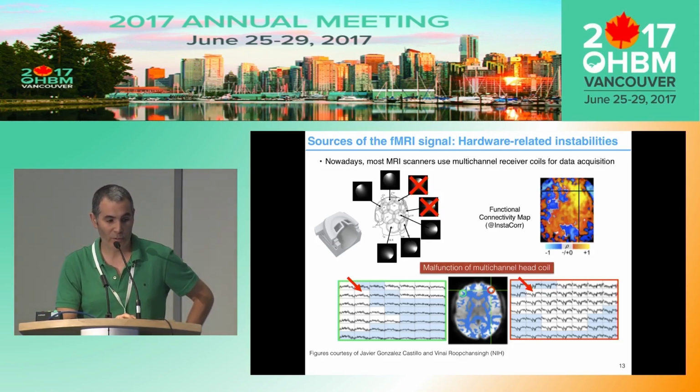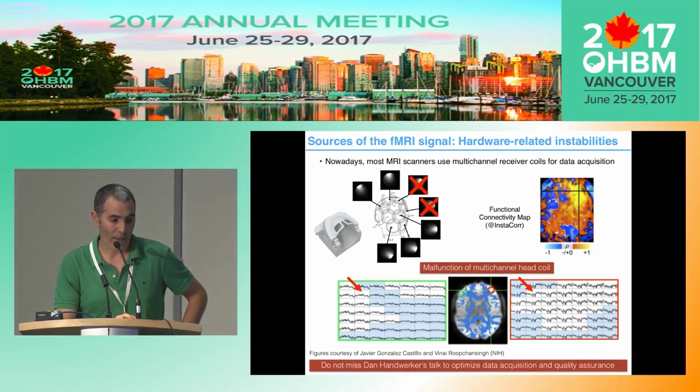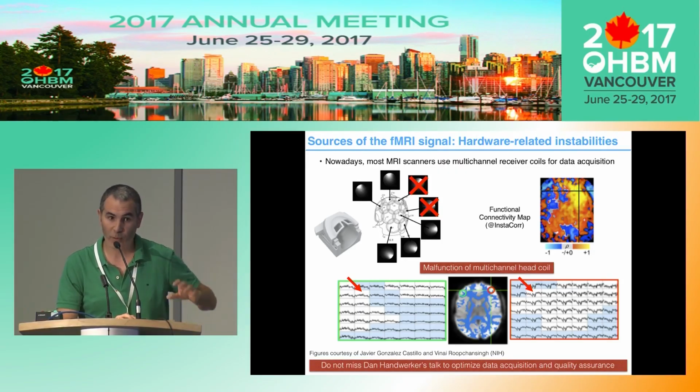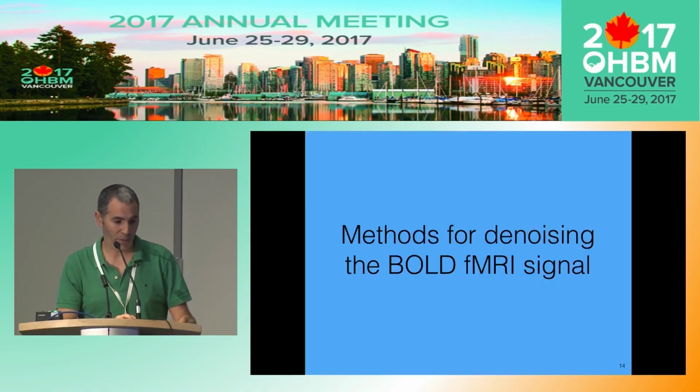Then, if you want to get, for instance, functional connectivity maps from these areas, what you will see is basically the correlation map due to the artifact. So this is a very serious confound that you have to account for. And I would encourage you to attend the talk by Daniel in order to optimize the data acquisition and to perform quality assurance on your data during your acquisition in order to avoid these problems.